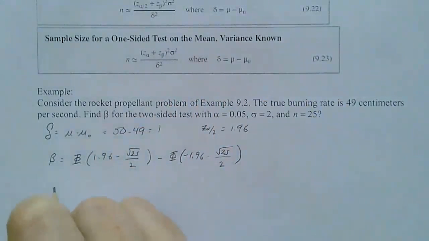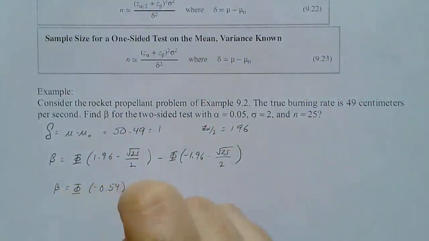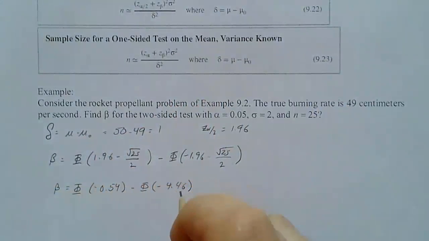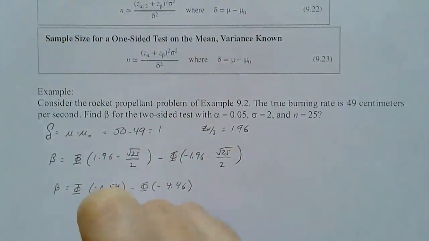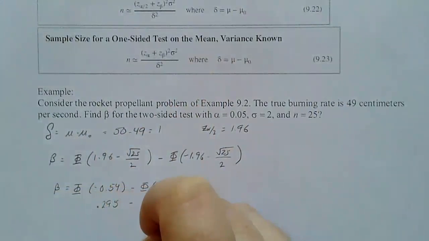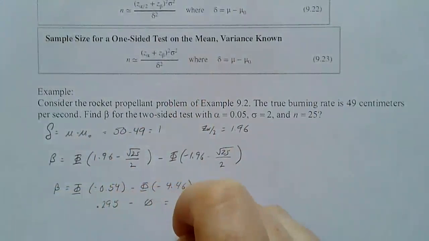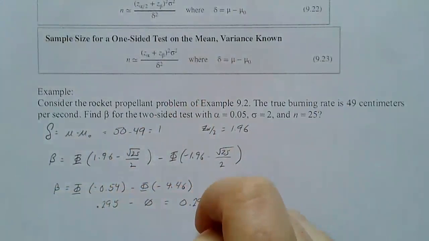And so beta is going to be equal to the z statistic of negative 0.54 minus the z statistic for negative 4.46. And so if we look these up in the table, we know that negative 0.54 is equal to 0.295, and the z-test statistic for negative 4.46 is 0. So that gives us a beta, a type 2 error of 0.295.